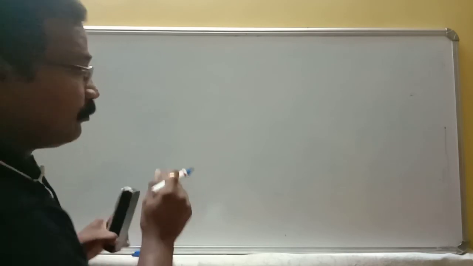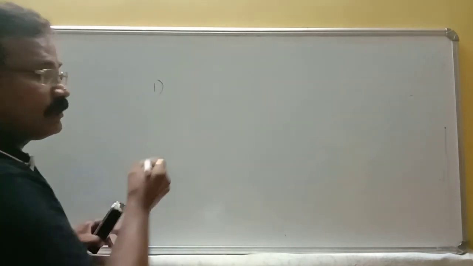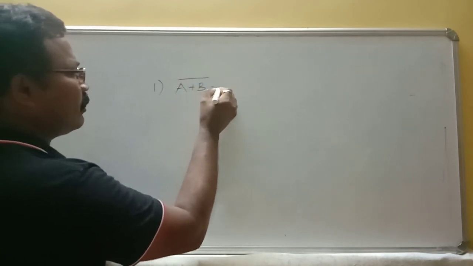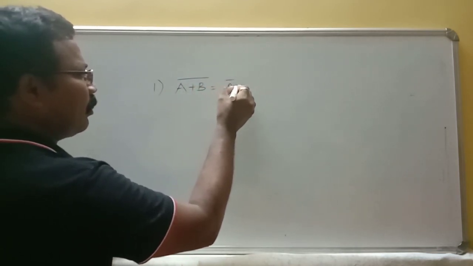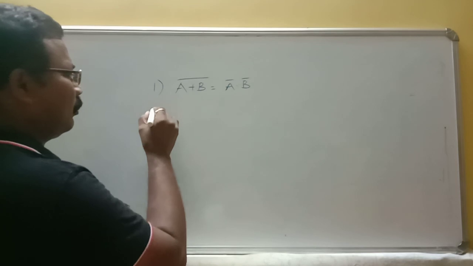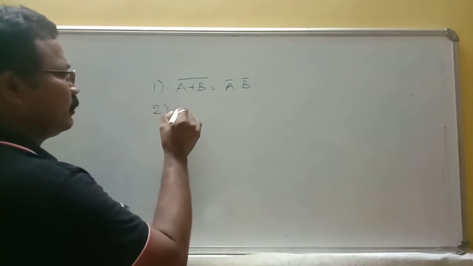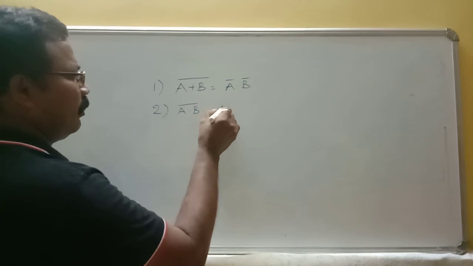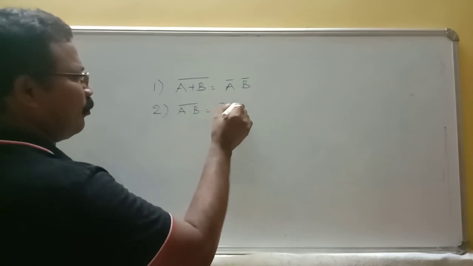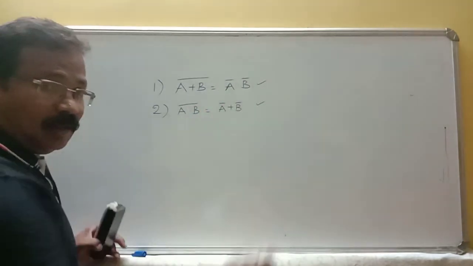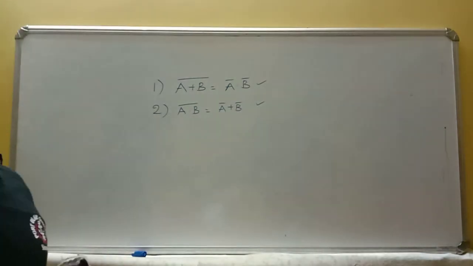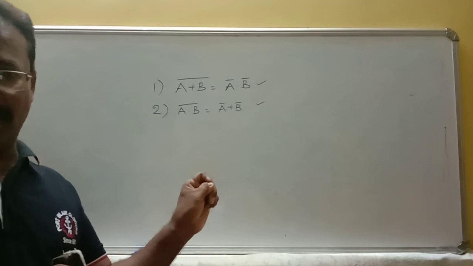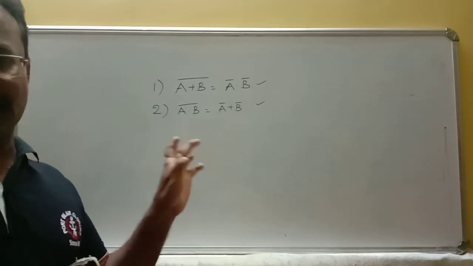The first theorem is A plus B whole bar is equal to A bar dot B bar. The second theorem is AB bar is equal to A bar plus B bar. These are the two De Morgan theorems used in Boolean algebra to simplify the given Boolean expressions.